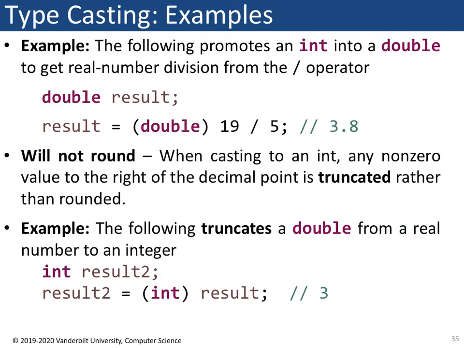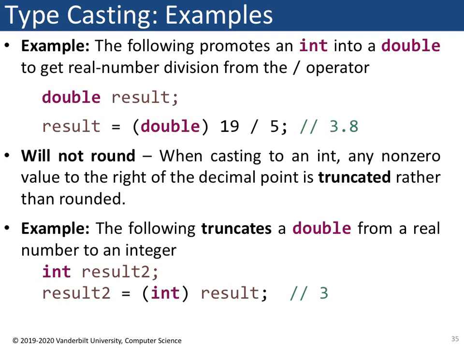Previously we discussed that division, when involving a double and an integer, will evaluate to a double result. Another way you could go about this, if both of the operands were integers, you could typecast one of the operands into a double and then perform the operation.